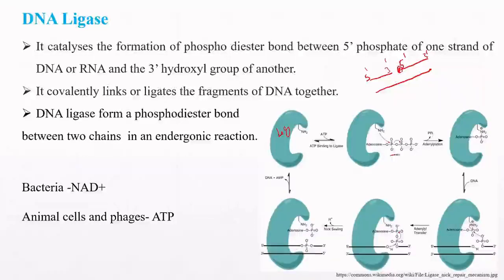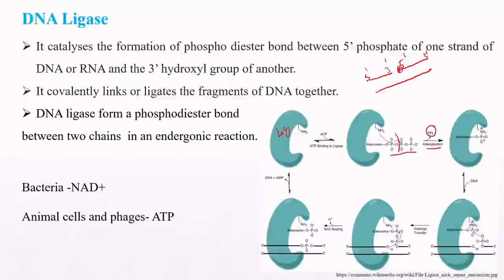ATP will be cleaved into AMP and pyrophosphate. Pyrophosphate is released. AMP will be bound to the DNA ligase enzyme to form the adenylated DNA ligase complex. This is called adenylation.